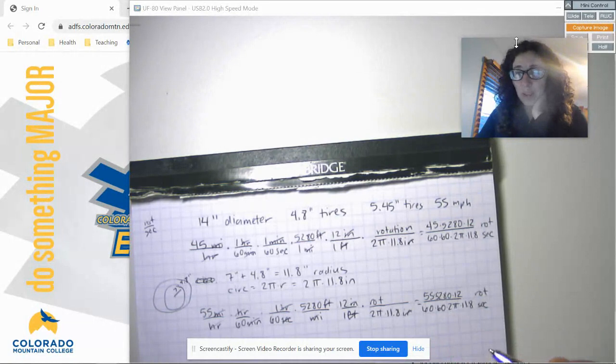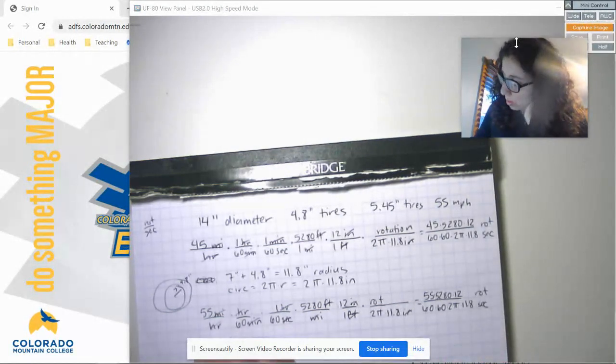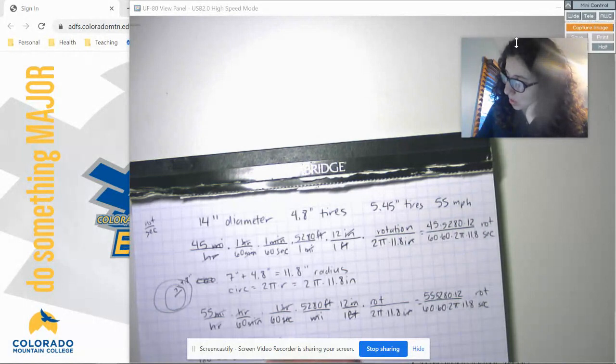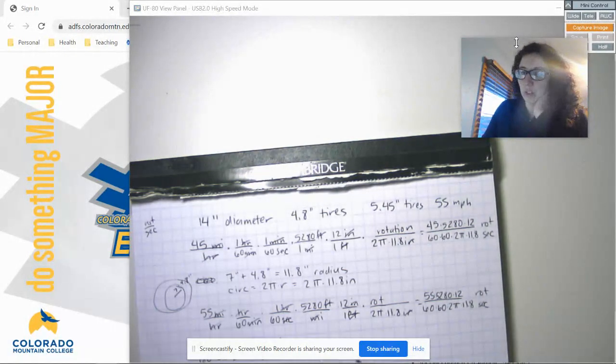So how fast are we actually going? Well, if our rotation is this, rotations per second, now we're going to have to undo a bunch of this stuff.